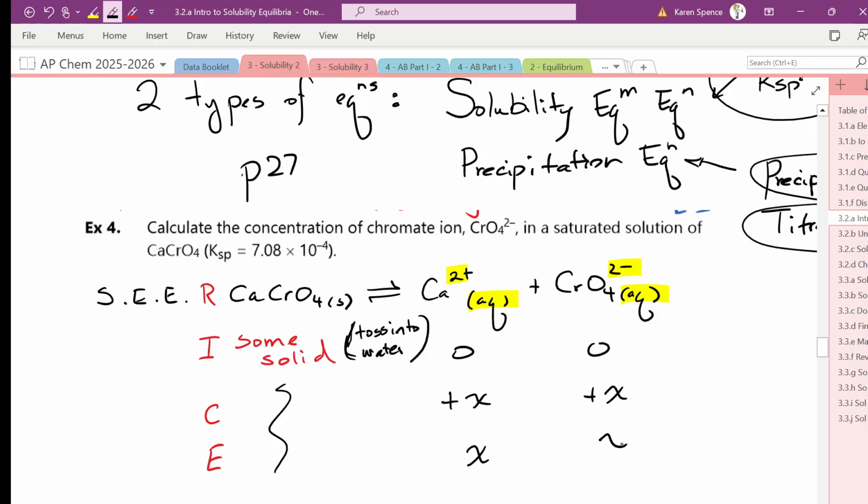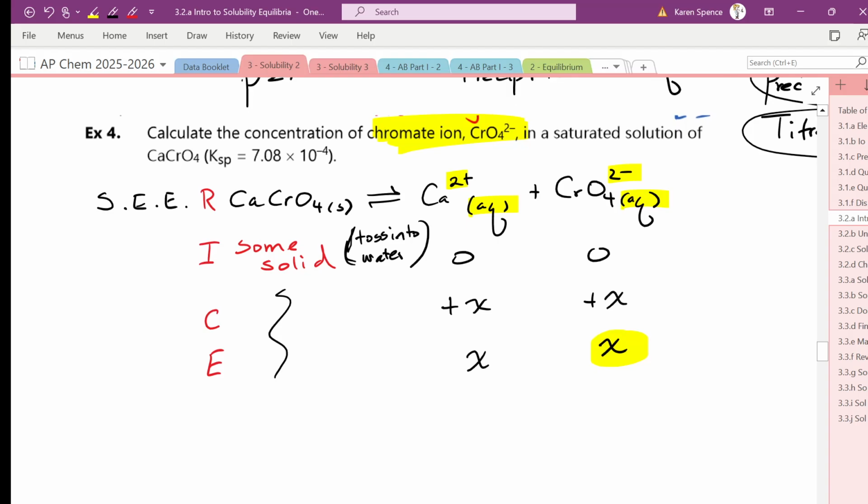Did you guys come up with that? The plus X? Yes. Okay, good. Because there's nothing really else to do, is there? Because you're trying to find the concentration of the chromate ion, which is this one.